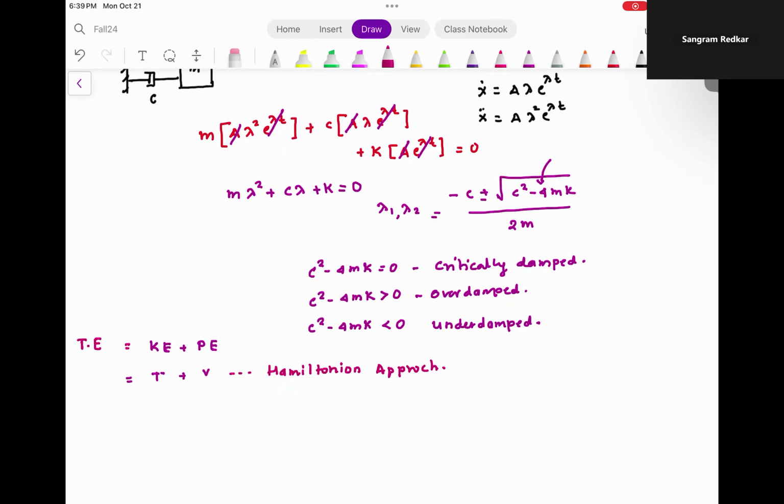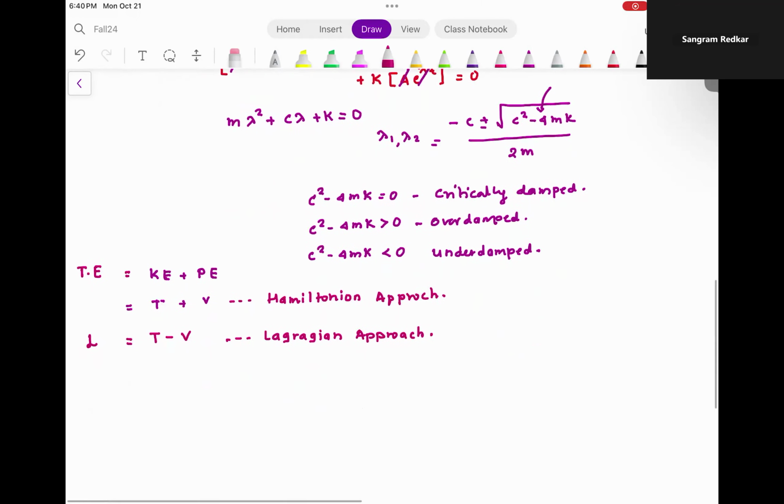Now there is another approach which is called the Lagrangian approach. There, what we do is we find T minus V. This is called the Lagrangian approach. Now, what happens in the Lagrangian approach?